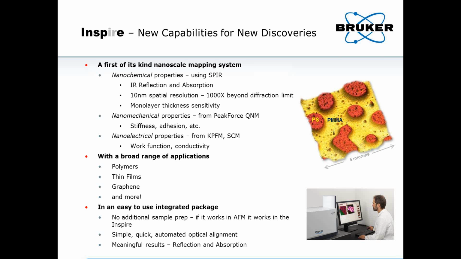There's no additional sample prep required to use the Inspire, nothing beyond conventional AFM sample prep. The optical alignment on the Inspire for the nanochemical imaging is very simple and quick and automated using software. And the results that you get out of the Inspire are meaningful. You will receive reflection and absorption data, which is directly interpretable.